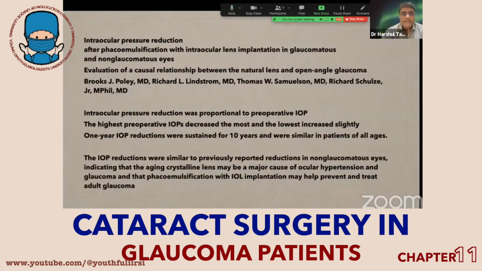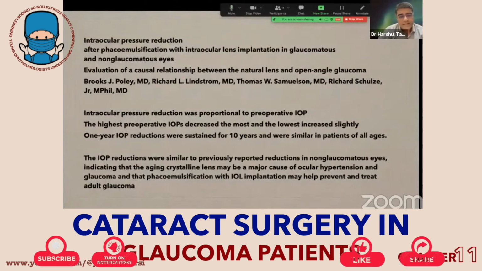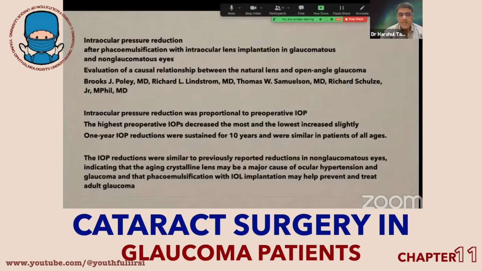This is another study which looked into the IOP reduction after phacoemulsification and IOL implantation in glaucomatous and non-glaucomatous eyes. It showed that the IOP reduction was proportional to the preoperative IOP. The highest preoperative IOP decreased the most, and the lowest increased slightly. The 1 year IOP reduction was sustained for 10 years, and it was similar in patients of all ages.